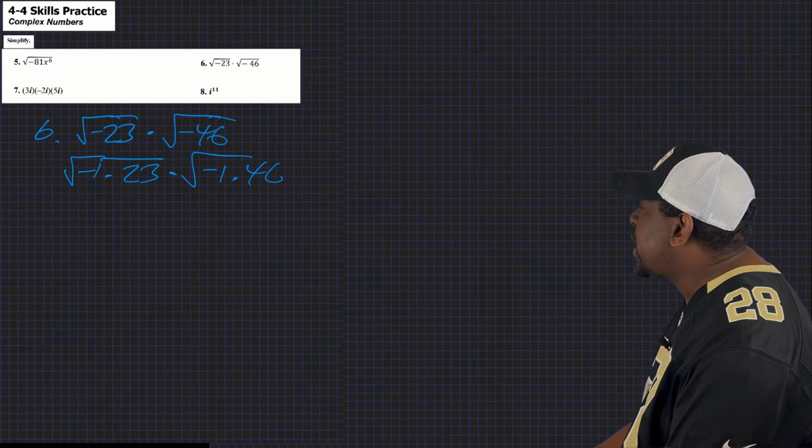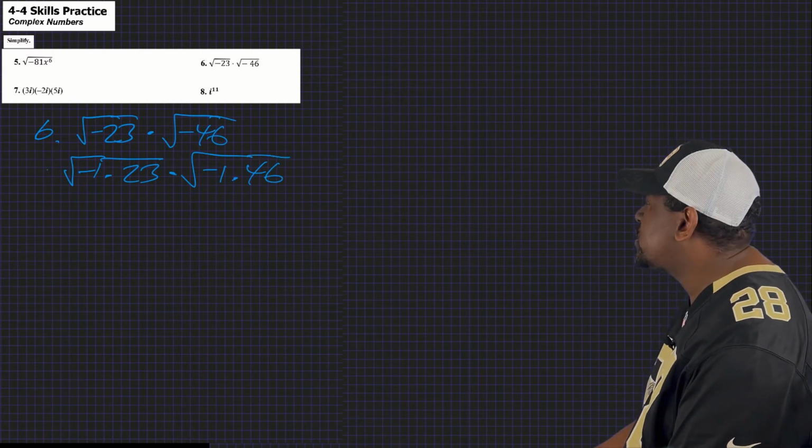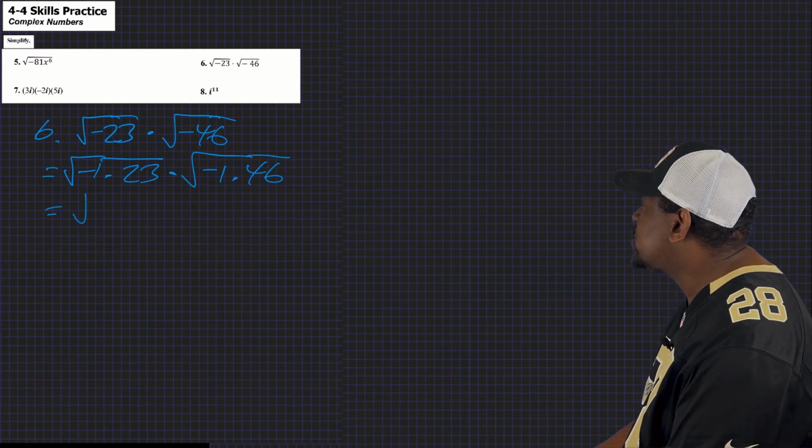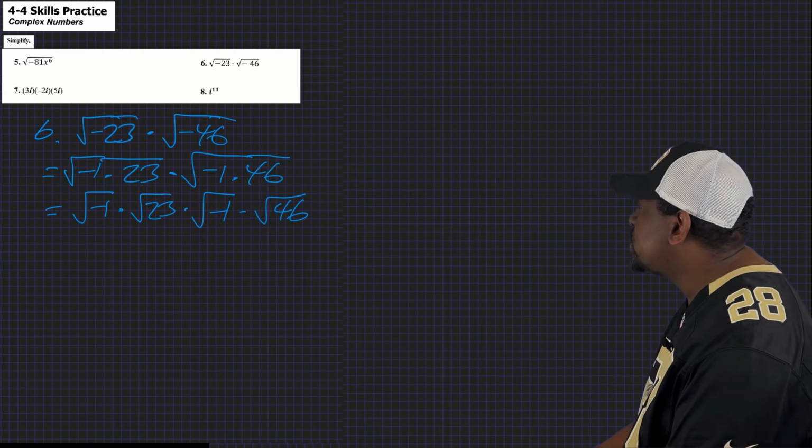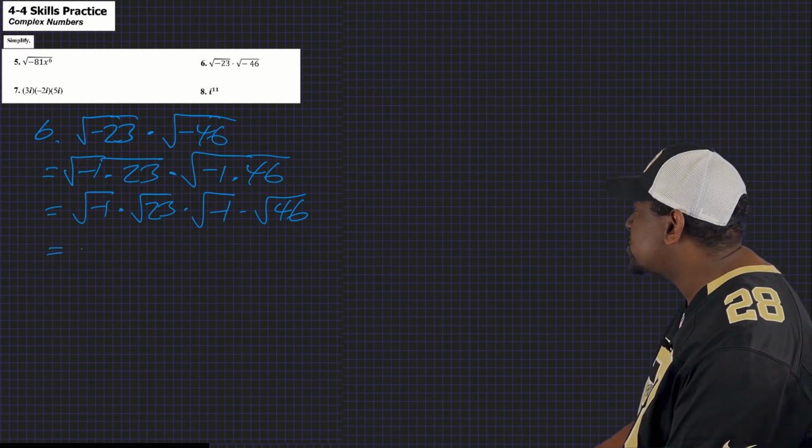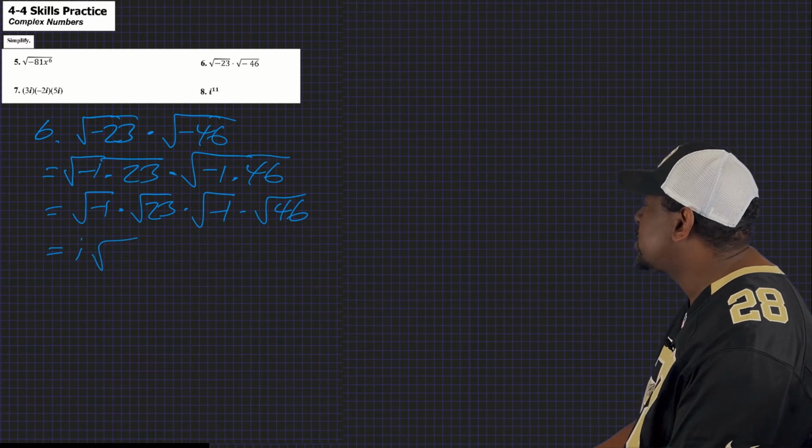Now, once we do that, we will take the square root of each of the two products under the radical. We'll have the square root of -1 times the square root of 23. We'll have the square root of -1 times the square root of 46. Since we have the square root of -1, we know that is equal to i, so we write i for those two radicals that are the square root of -1.